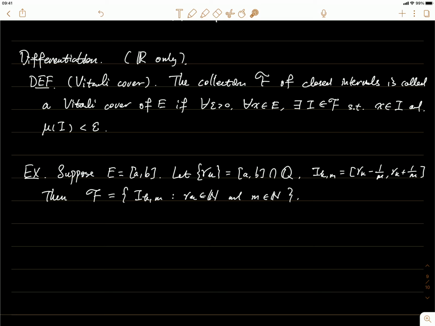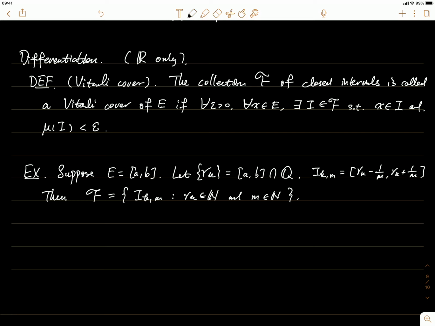So for any irrational number, say q, and for any epsilon, we can find an interval centered at r_k sufficiently close to q with a sufficiently small radius to cover q, while the radius is still less than the prescribed epsilon. That's a pretty straightforward example.